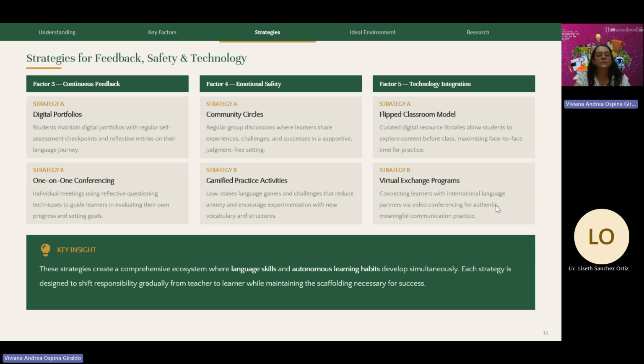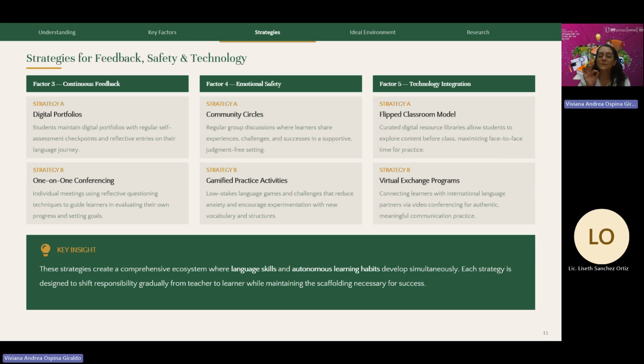These different strategies create a comprehensive ecosystem where learning language, in this case English specifically, and becoming autonomous are developed simultaneously. So each step is designed to shift the responsibility from the teacher to the learner.